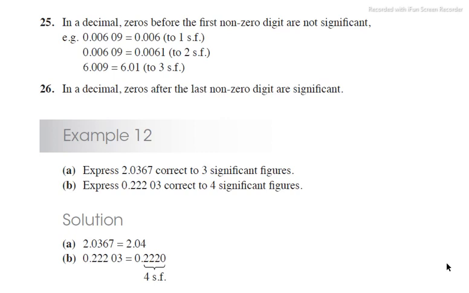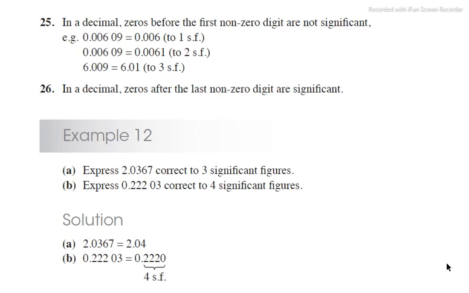For instance, if we have 0.30, we shall have 2 significant figures, the 3 and the 0. Hope I'm getting across clearly. In a decimal, the trailing 0 is considered to be significant.